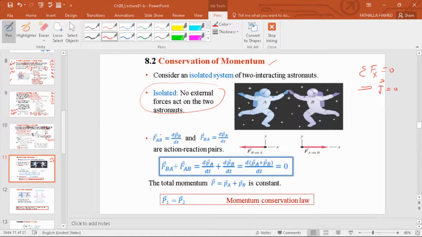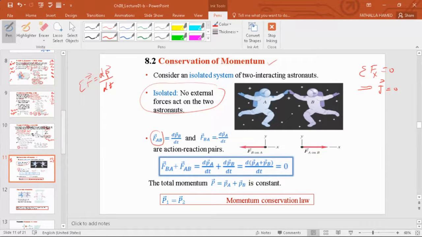So the force F of A on B, and remember, we said that the summation of the force should equal dP by dt. So the force of A on B, now we're talking about B because the force is applied on it, and that's why we say it's the change of momentum of B, dPB dt.